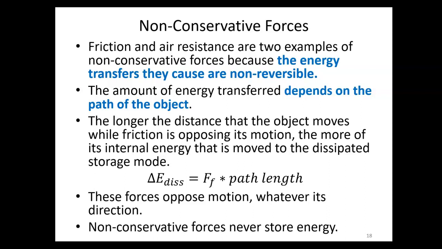When energy is dissipated, it cannot then be taken out of the dissipated storage mode to be used for any other purpose. When you're talking about friction and air resistance, the amount of energy transfer does depend on the path. The further the object slides against the floor, the more friction it has to overcome, and the more energy gets dissipated.